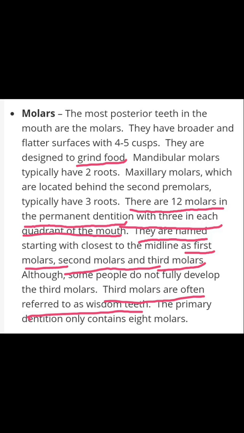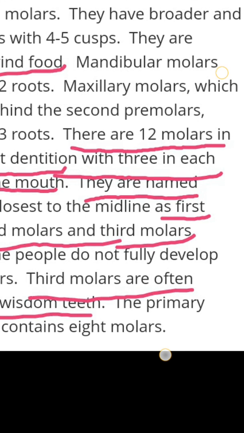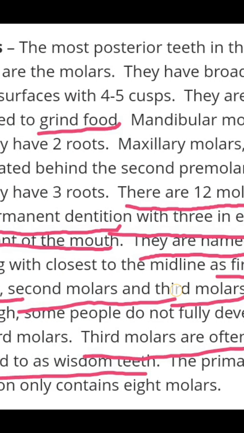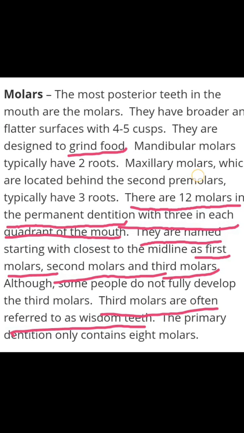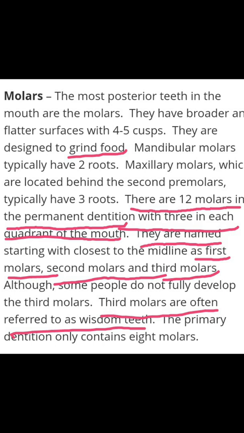Similarly, we have molars. The molars are 12 in number and they are fully developed by the time you start attaining maturity, and they are also referred to as first molar, second molar and third molar.